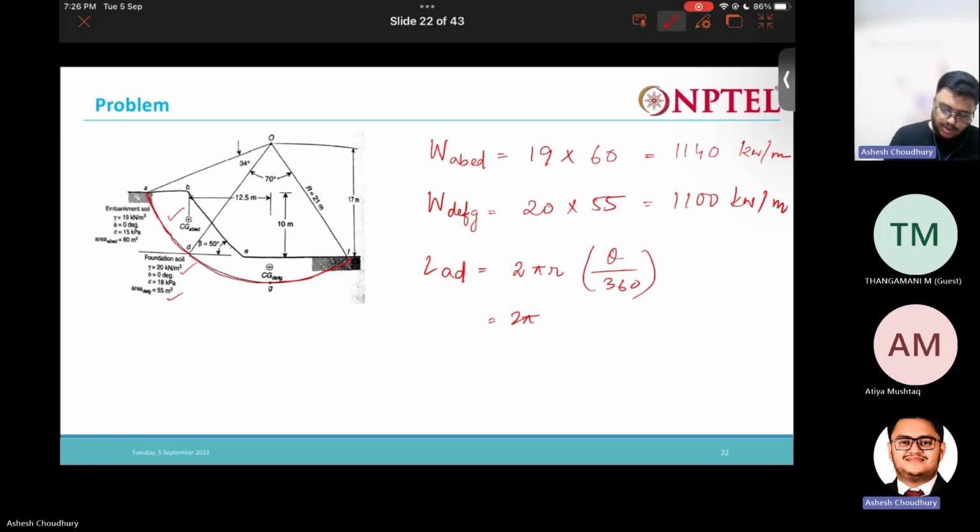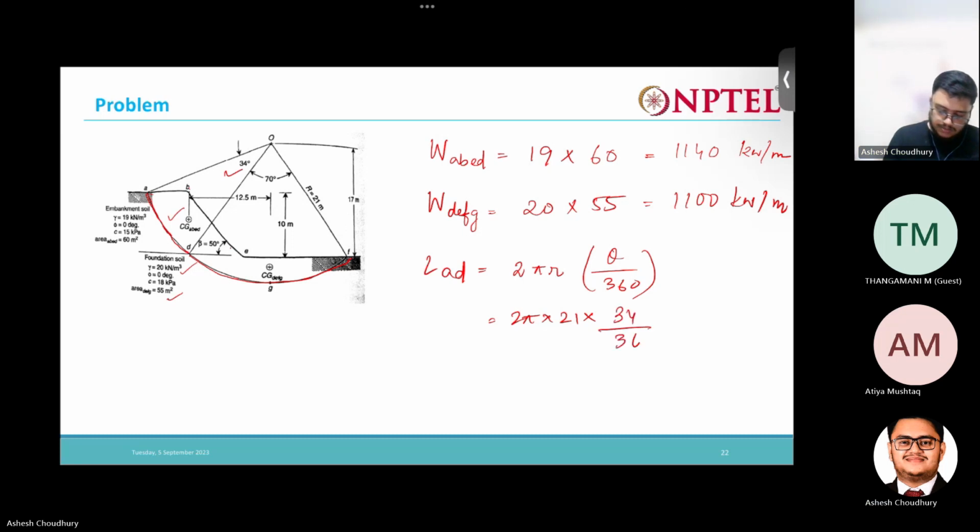What is L_DF? Same, 2 pi times 21, with an angle of 70 degrees. So we got the lengths.